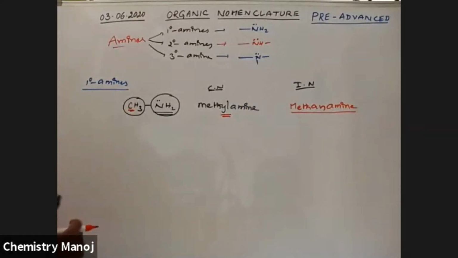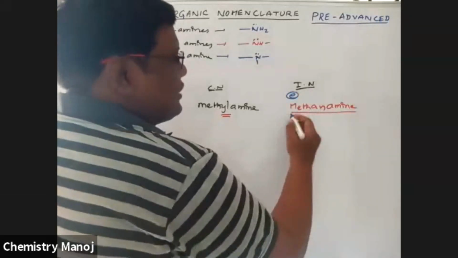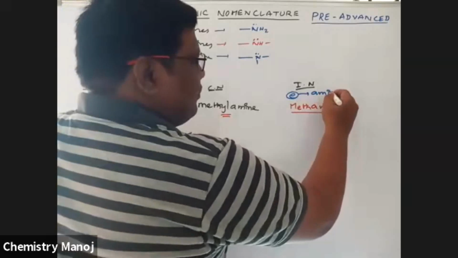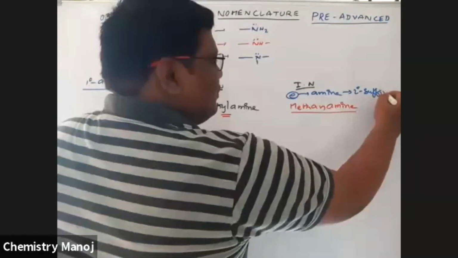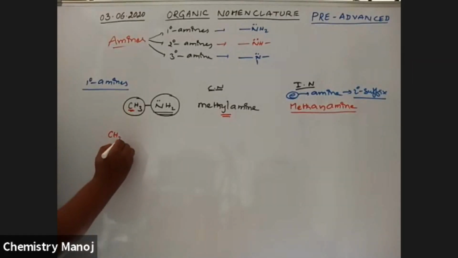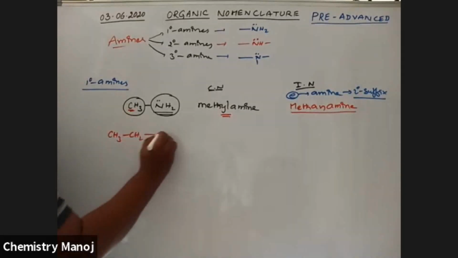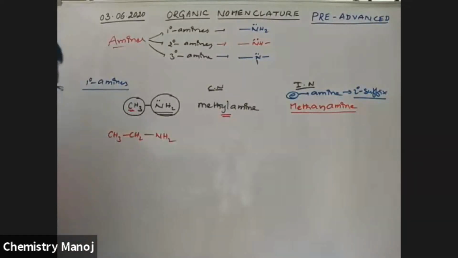So in IUPAC names, the e is replaced with amine as a secondary suffix: methanamine. See here, one more: CH3, CH2, NH2.